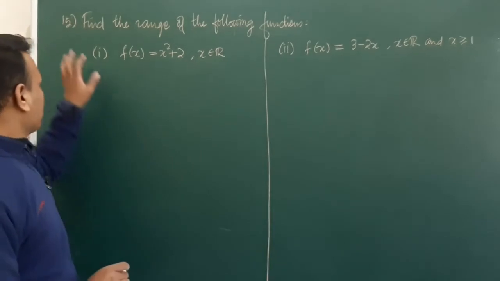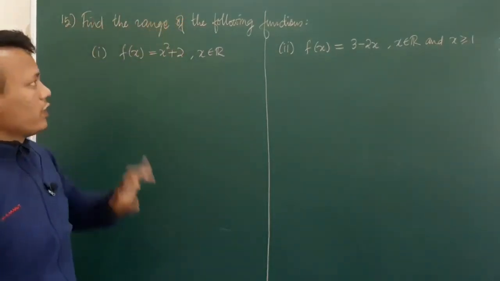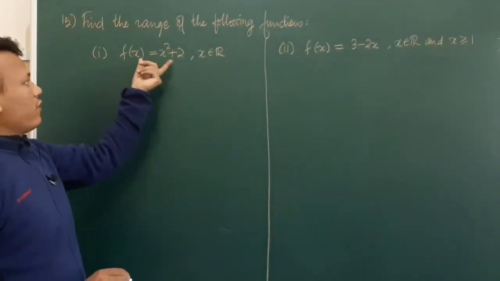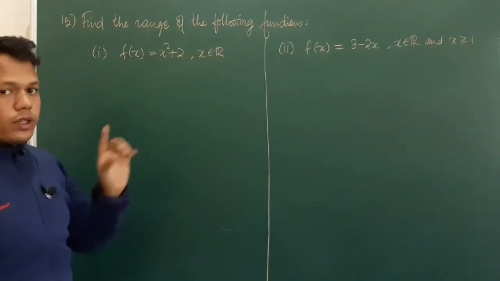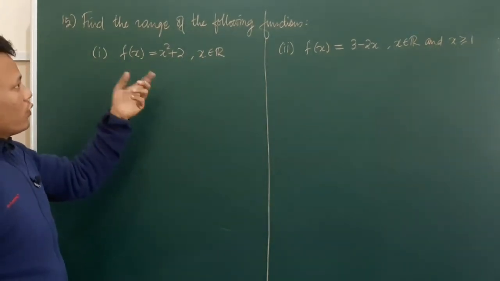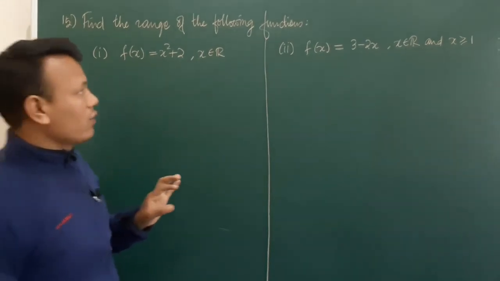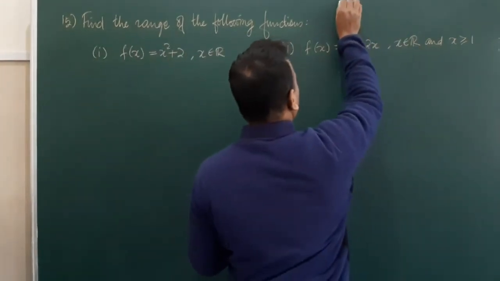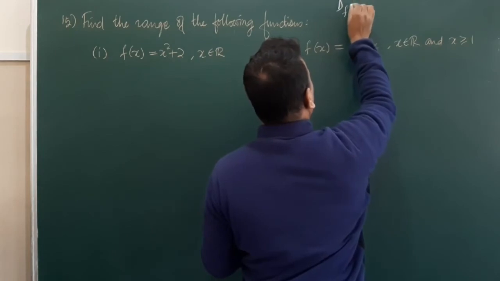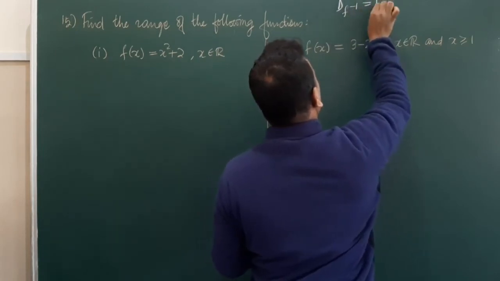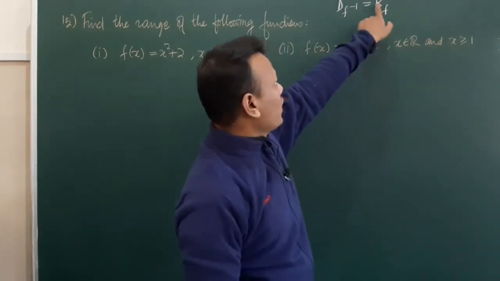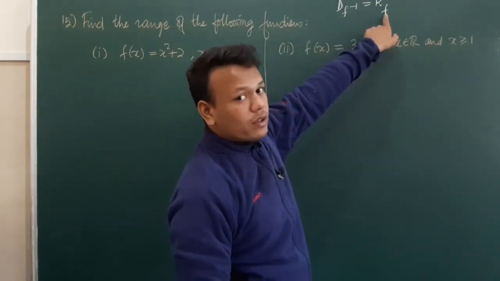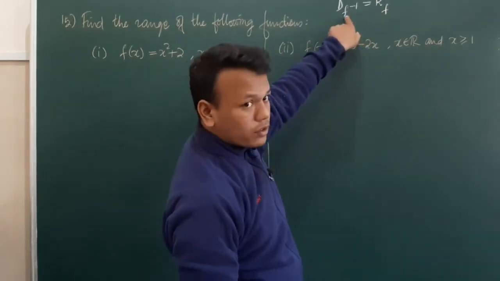Question 15 says: find the range of the following functions. f(x) is given, and there are two questions here, so let me do one question at a time. We are going to make use of the formula which we have just noted down, that the domain of f inverse equals the range of f. We need to find the range of f, so let's first find f inverse.